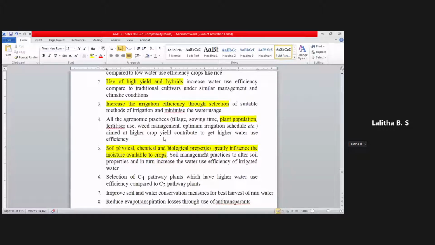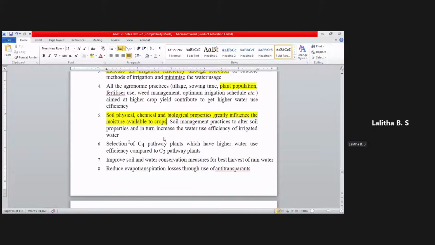So soil management practices should alter soil properties and in turn increase the water use efficiency. All these soil physical, chemical and biological properties greatly influence the soil moisture available to the crops. Definitely, how the structure increases and the texture influences the availability of the water.